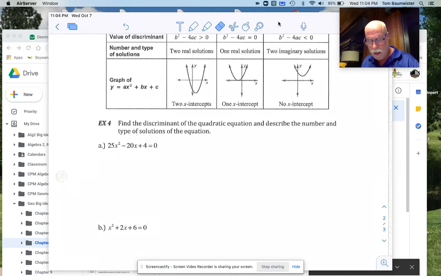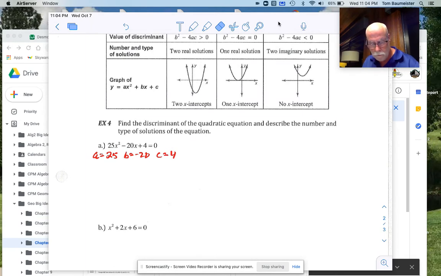So I know that a is equal to, and I'll put it under here again, a is equal to 25, b in this case is equal to negative 20, and c is equal to 4.